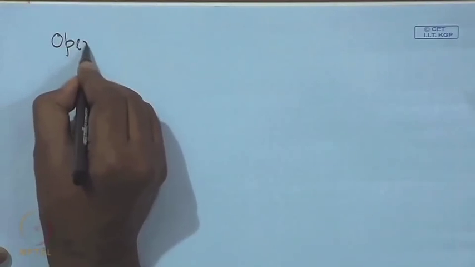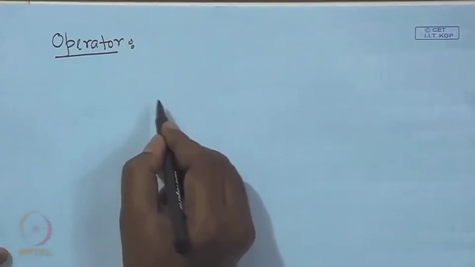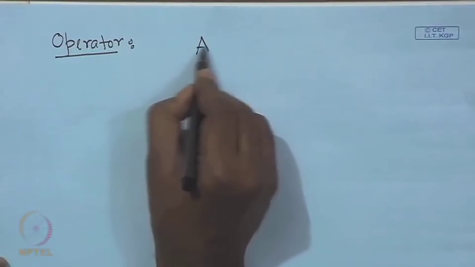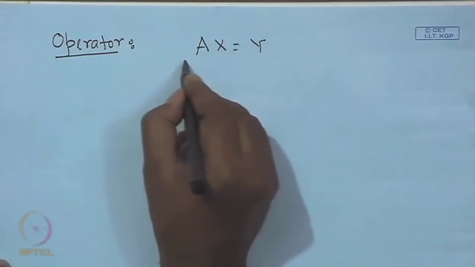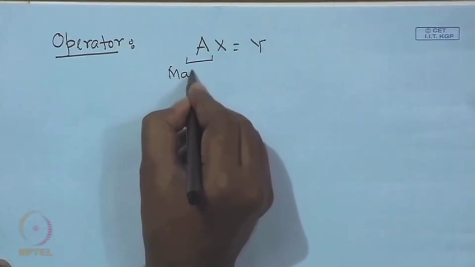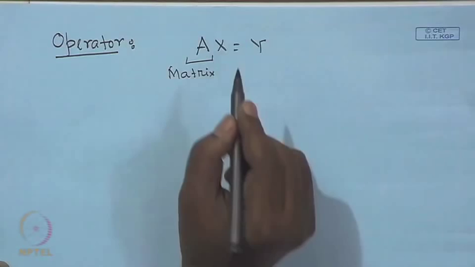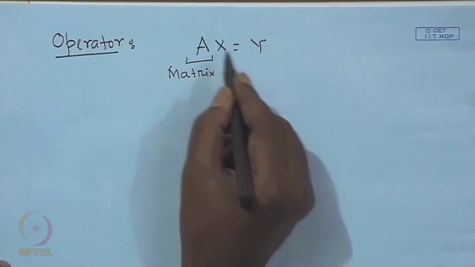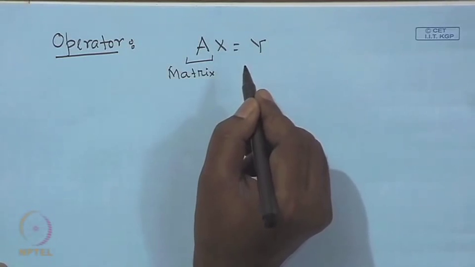Next we talk about an operator. What is an operator? Consider Ax is equal to y, where A is a matrix and x is a vector. The matrix A operates on the vector x and maps it into vector y.